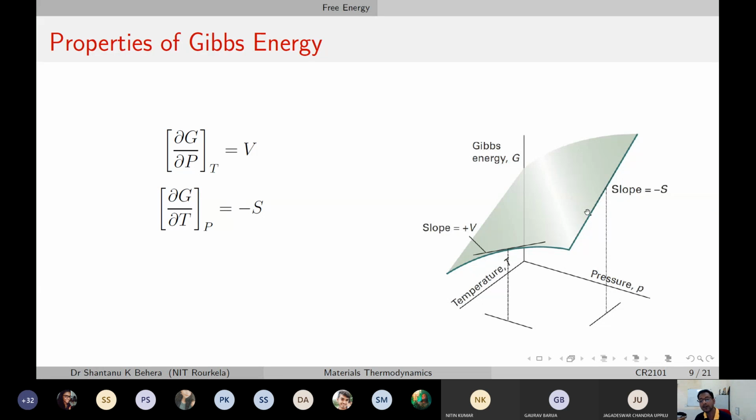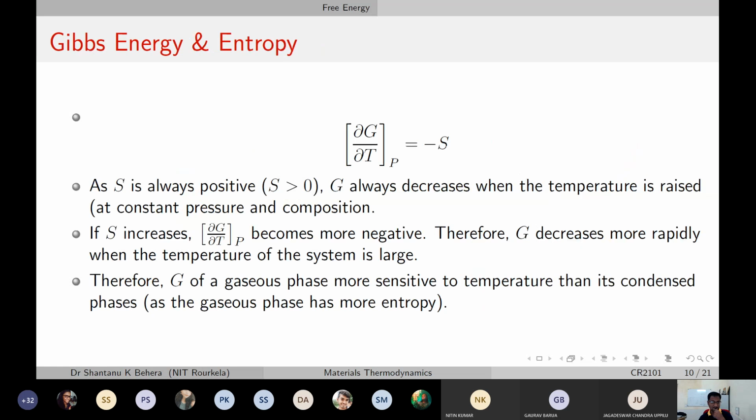This knowledge is going to help us in constructing phase diagrams and stability diagrams for single or multi-phase materials. We will see that as we move on. So just to condense what we have spoken about, as S is always greater than zero, G always decreases when the temperature is raised at constant pressure and composition.